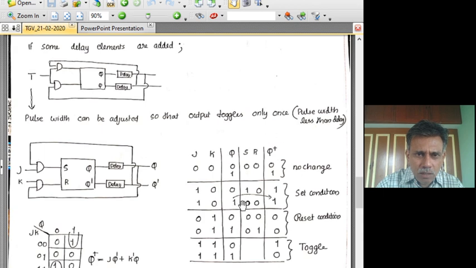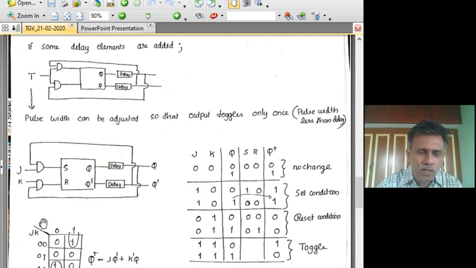So this truth table is mapped to this K map. We will conveniently put JK along the vertical axis, that is JK is 0 0, 0 1, 1 1 and 1 0. Why do we do so? Because here you can easily read out those values of Q plus and fill them in.